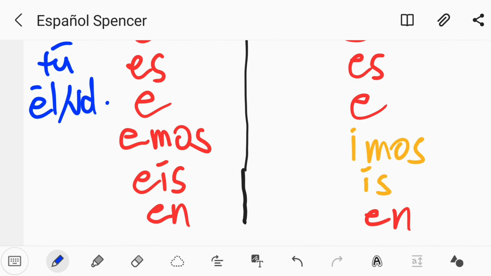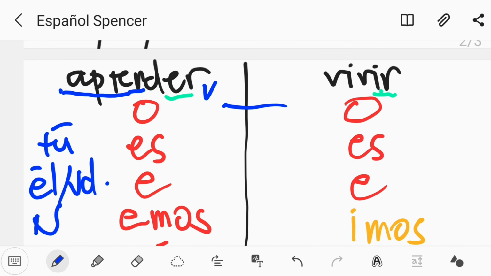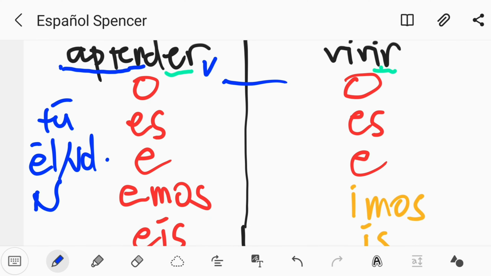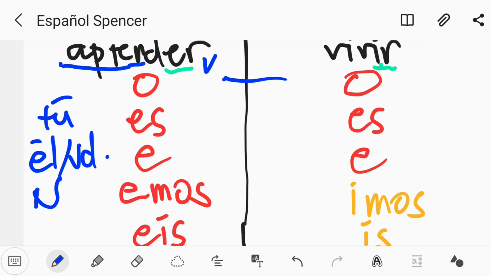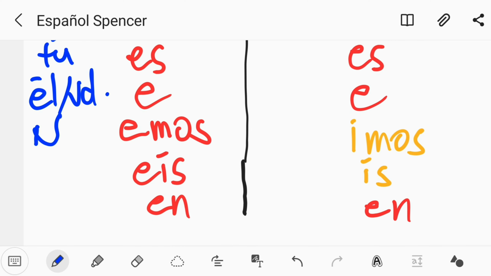For the pronoun nosotros, let's put it here. See here's the change, or the difference, between the conjugated form of aprender and vivir. We have aprendemos for aprender, and then we have vivimos with vivir.